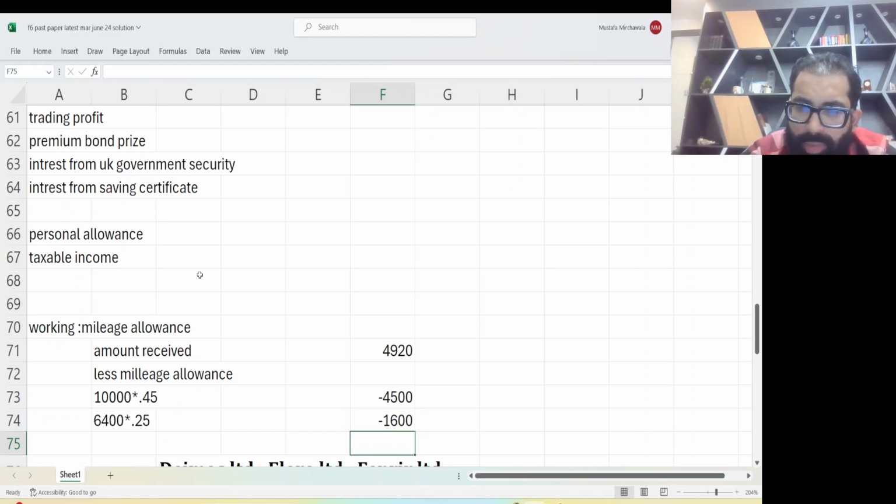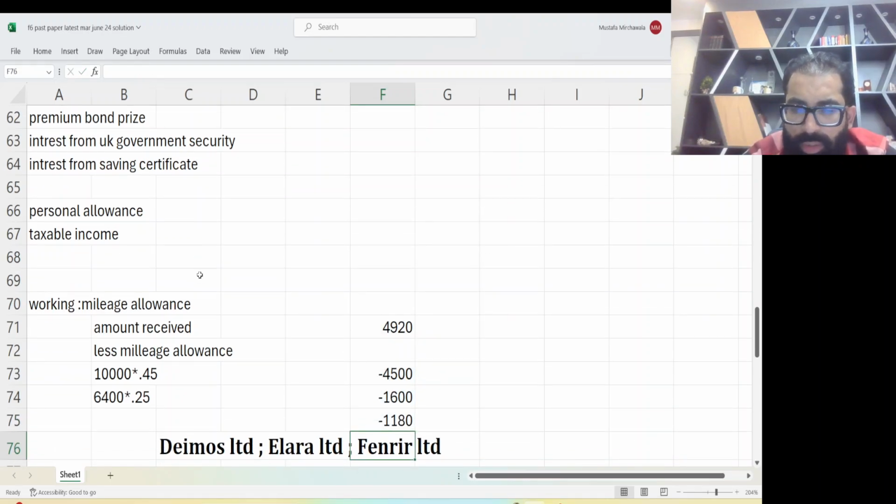So the net allowable amount will be, already taught you this thing, 1180. Net is 1180. This is going to be F75, cell number F75, you can see.